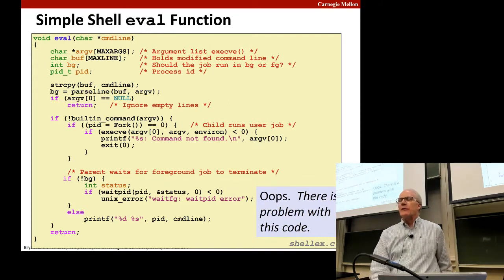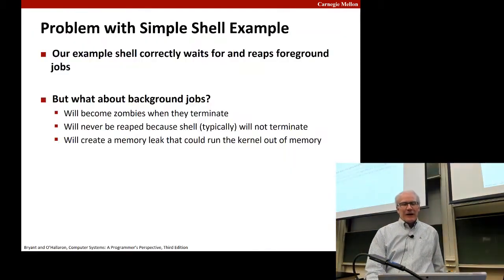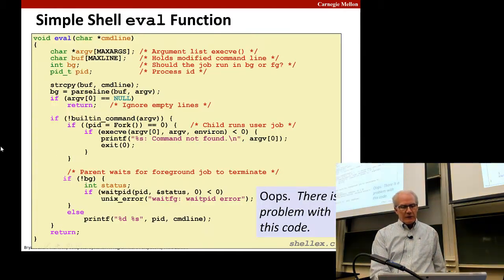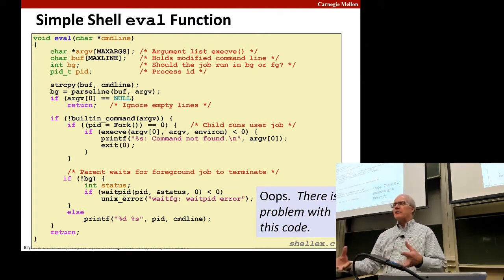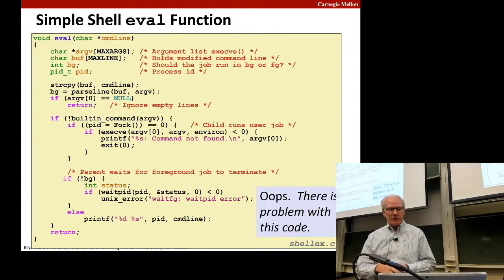There's a problem though. There's a problem with this code that has to do with zombies. For foreground jobs, it does fine because it will call waitpid. Part of what waitpid does is, when the child terminates, it makes sure that child gets reaped, so it's no longer a zombie.